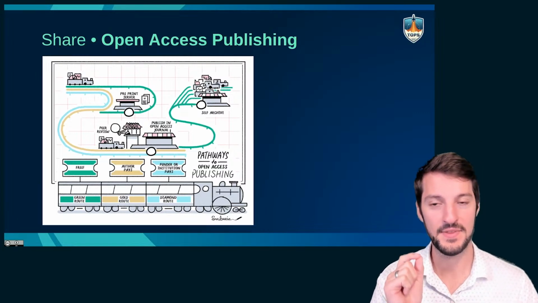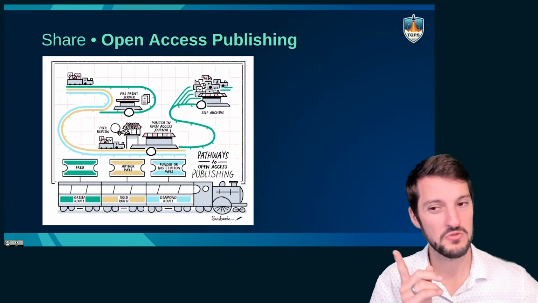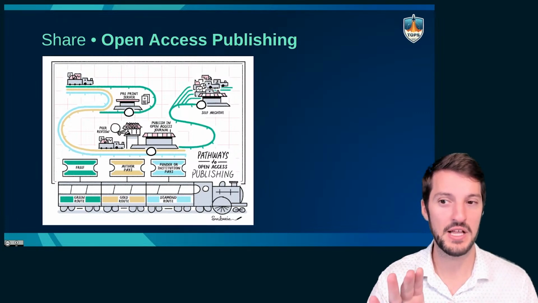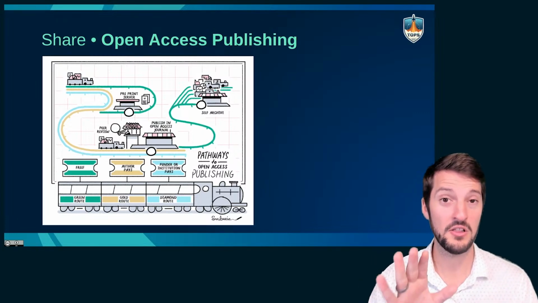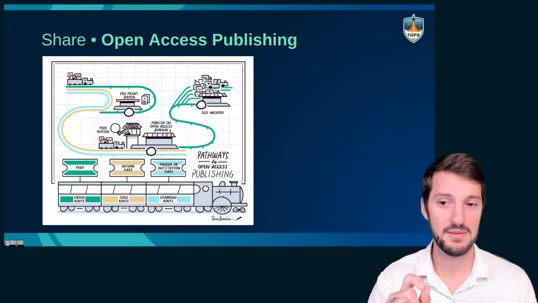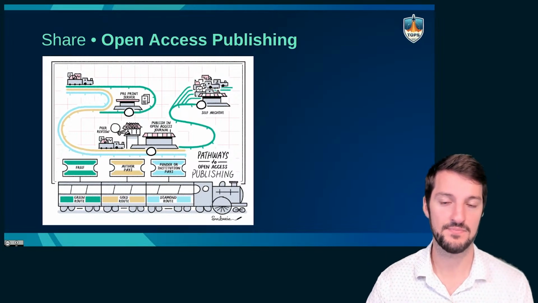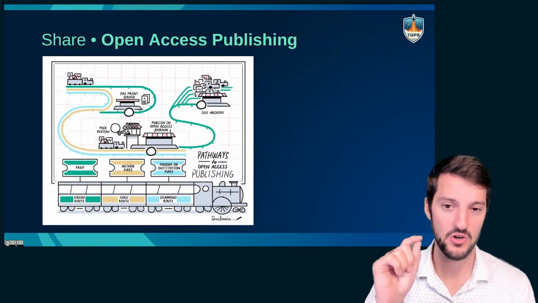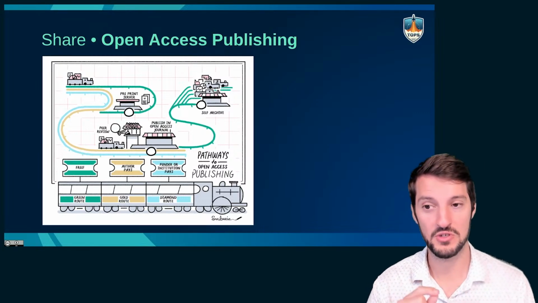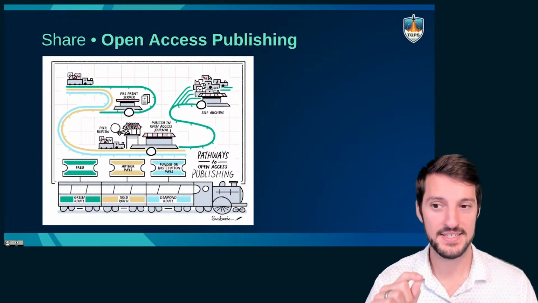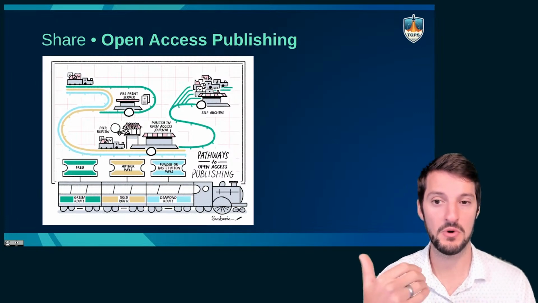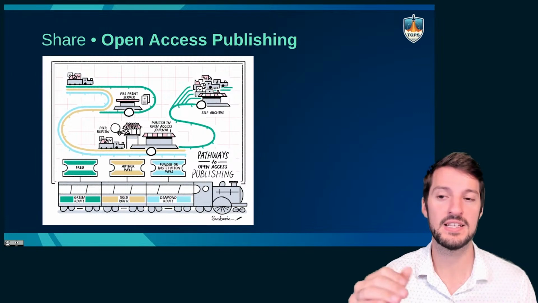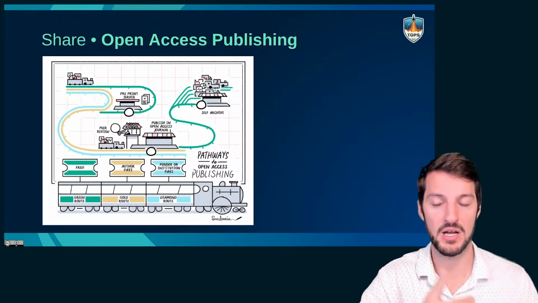However, if that is not your case, then what you should really do is probably look for the diamond line. And the diamond line does require a little bit more planning. But the diamond line is the exact same as the gold, but it means one of 2 things. The first thing is that the open access journal that you're going to publish in has some type of relationship or agreement with your institution, where maybe the institution pays this publisher.